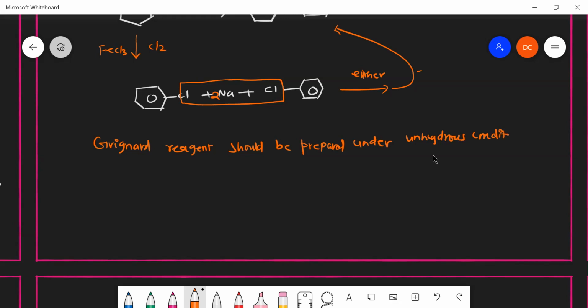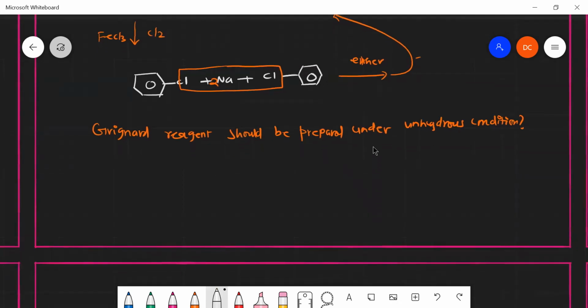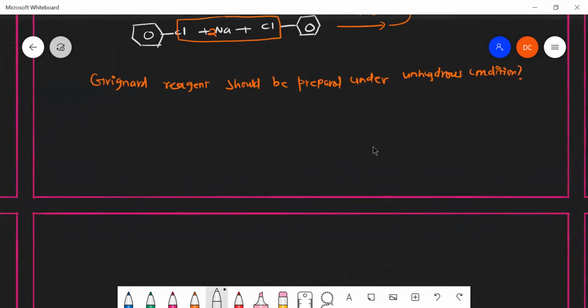Why? Grignard reagent is always prepared under anhydrous conditions. It is highly reactive, so it will react with moisture.